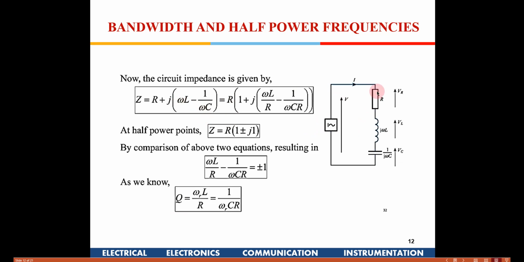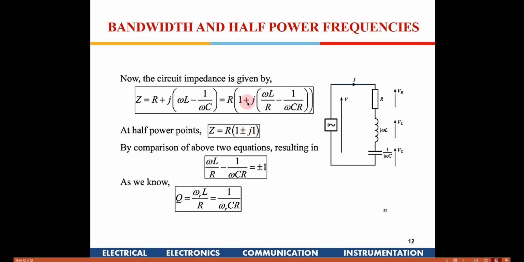Now this is an RLC in series, right? So we can also write this as R plus j into L omega minus 1 by C omega. You take R common out here, and you have 1 plus j into this term. So R is brought out essentially to compare it with this.